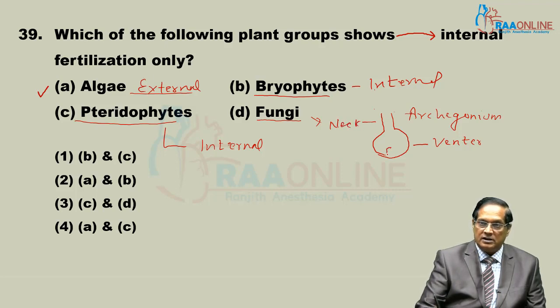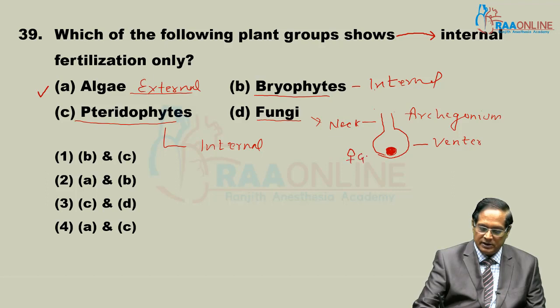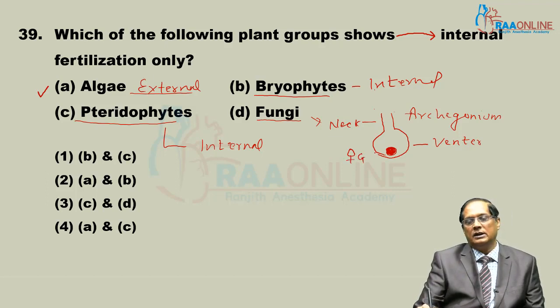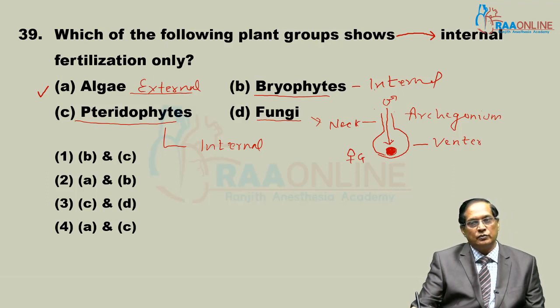Within the venter, at the base, the female gamete or egg cell is present. The male gamete enters the archegonial venter through the neck and fuses with the egg cell.